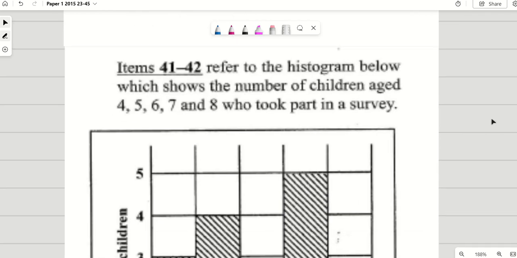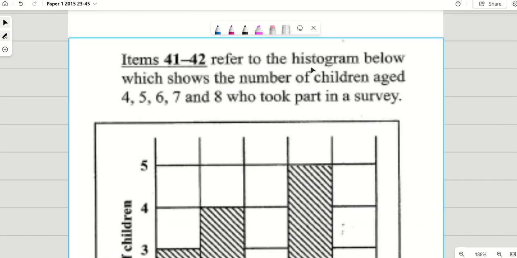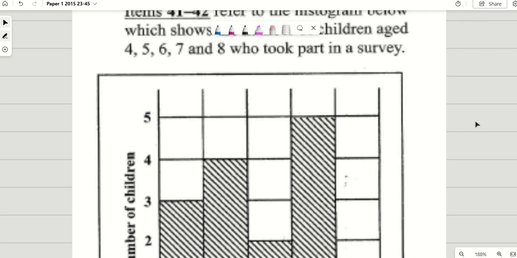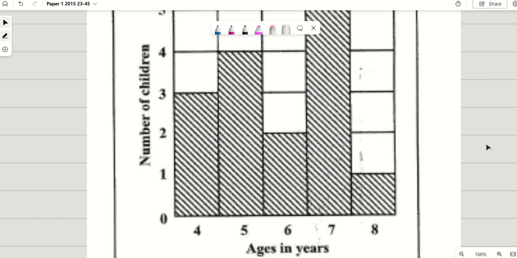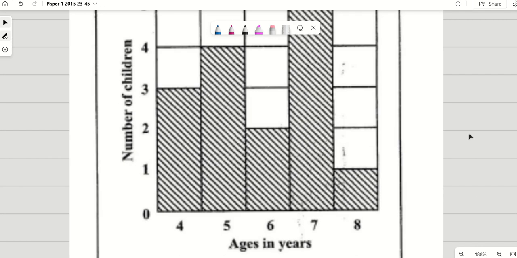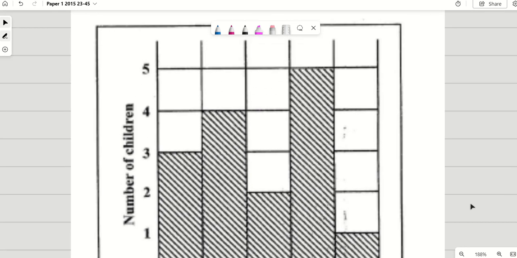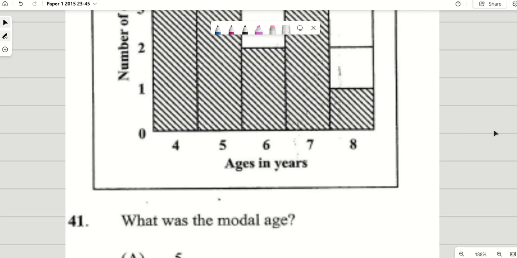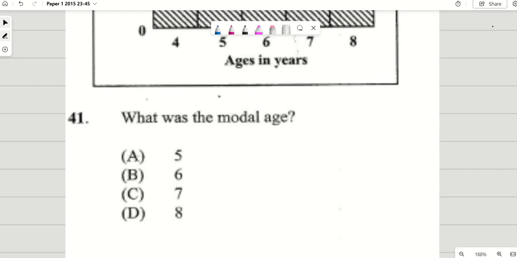Then items 41 and 42 refer to the histogram of ages 4 to 8 who took part in a survey. The first question is, what is the modal age? What is the most popular age? We have 5 children who are 7. So therefore, 7 would be your modal age.